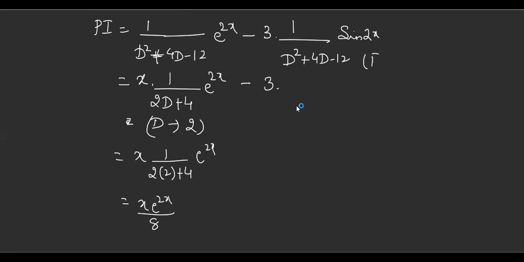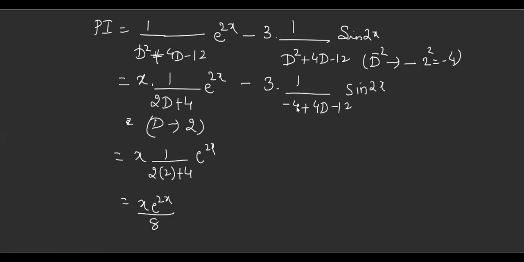D square has to be replaced by what? Minus 2 square, which means minus 4, isn't it? Now here we need not worry because the D term will remain, it will not become 0. Suppose you have only D square and a constant, it may become 0. Okay. D square, write it as minus 4 plus 4D minus 12.